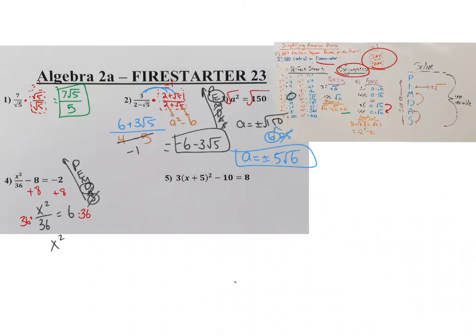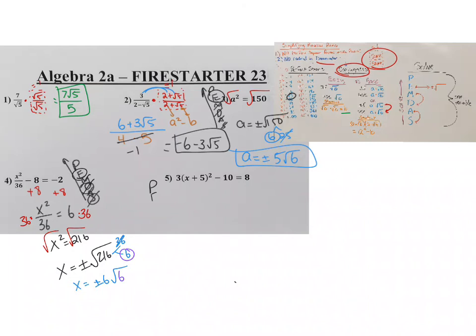I'm left with x squared equals 216. Division's gone. There is no multiplication. There's an exponent. That's why I square root both sides. X equals, remember, plus or minus shows up, square root of 216. Now, 216 is not perfect, but I know 36 goes into it 6 times. So my best answer for this is x equals plus or minus 6 radical 6. This 36 turns into 6. This 6 stays in jail forever. So that's your best answer.